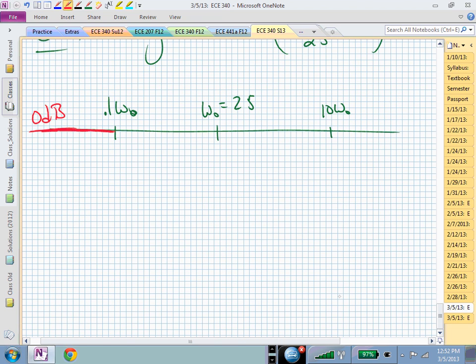A decade beyond, we're sloping at minus 20 N dB per decade. And we found that actually we were equal to 0 dB right at the break frequency, so we're going to just go ahead and connect these straight line approximations for the magnitude.